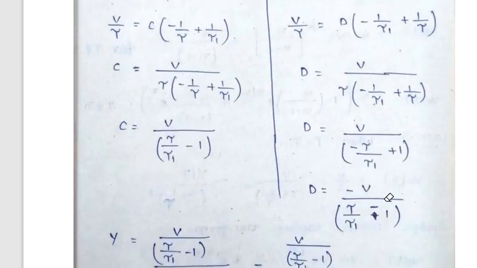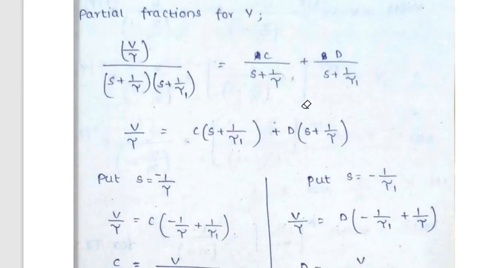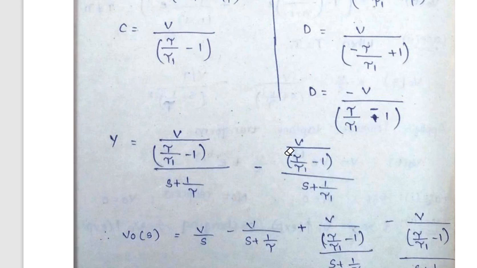Therefore, D is equal to minus V by, taking minus as common, minus V by tau 1 minus 1. This is the value of C, this is the value of D. Now, substitute these two values into this expression. Therefore, y is equal to C by s plus 1 by tau minus D by s plus 1 by tau 1.